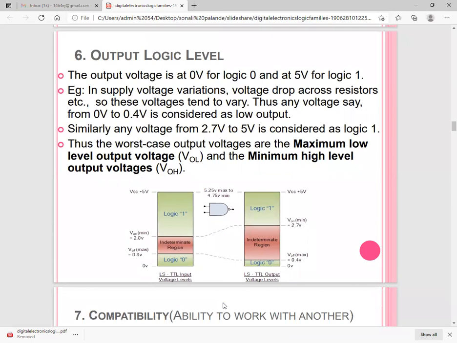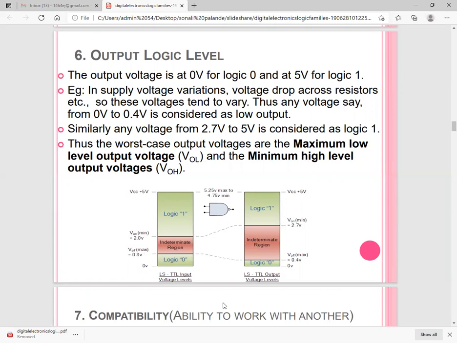Then specification number 6 is output logic level. The output voltage is at 0 volt for logic 0 and at 5 volt for logic 1. For example, in supply voltage variation, voltage drop across resistors, etc. So these voltages tend to vary.